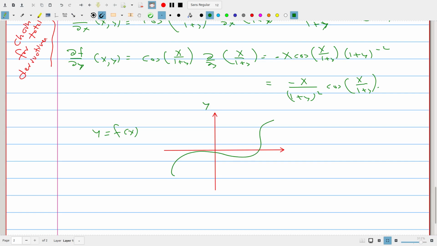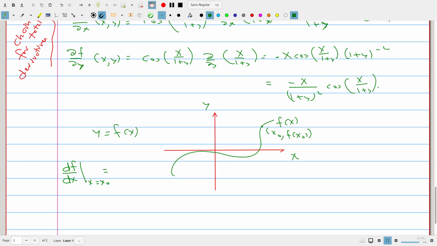So this is y equals f(x), and you're given a point x naught, f of x naught. Now what does df over dx at x equals x naught signify?